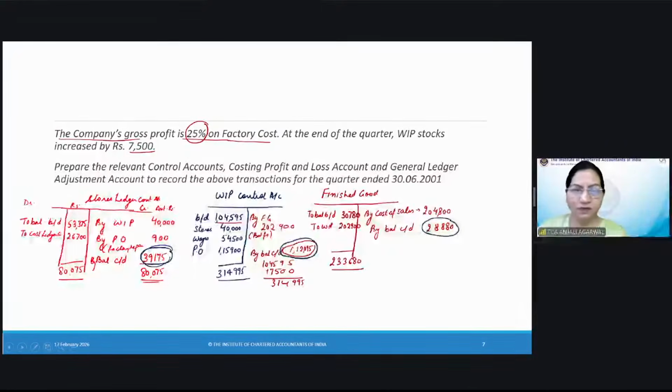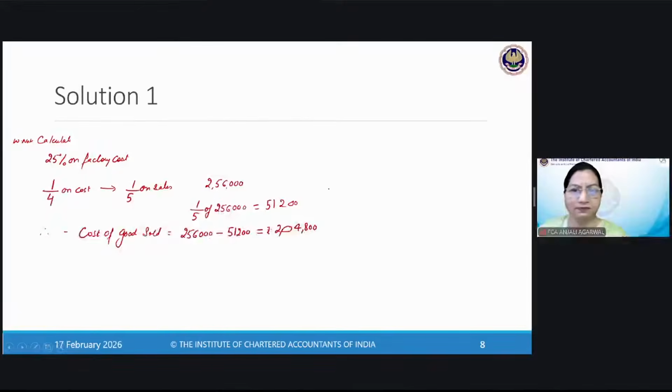Now let's go to cost of sales account. Cost of sales account would be simple. To finished goods, 2,04,800, by costing P&L.